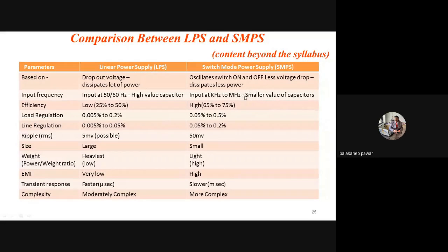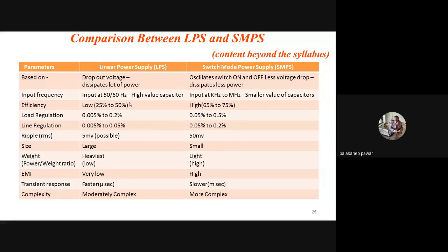Efficiency, I already told, as there is more dropout of power or voltage across the linear regulator ICs, the efficiency of LPS is only 25 to 50%, while in the case of SMPS, in general, it is above 65%. Then load regulation, you will observe SMPS is somewhat poor here.